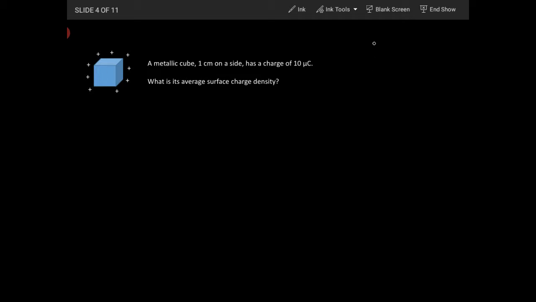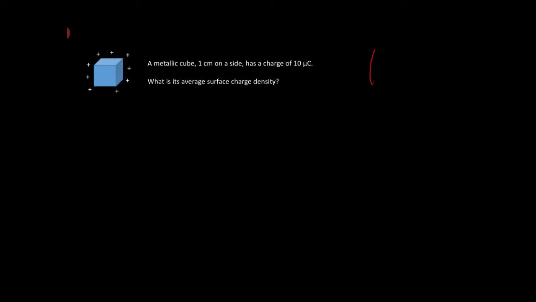So remember, for our metal, if I put two charges in the center here and here, they'll move off in opposite directions. So that I'll have one charge here and one charge here, and they'll probably migrate to these corners, so they'll be as far away from each other as possible, right?